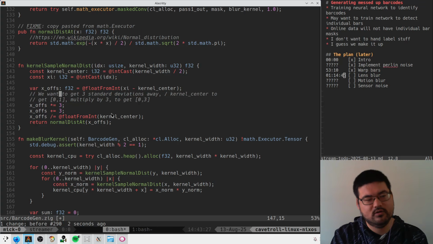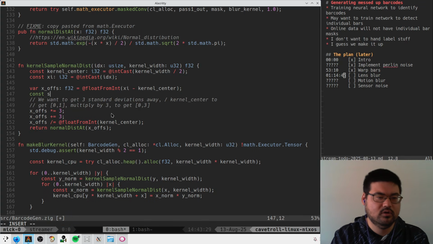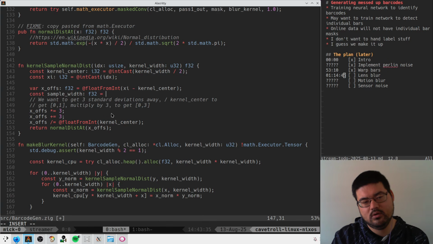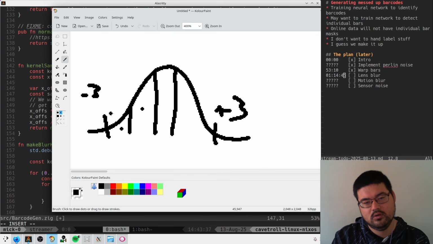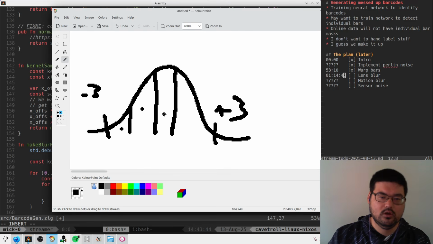It's like sample width is 6 over kernel width or something.